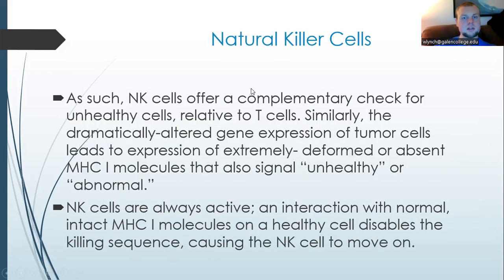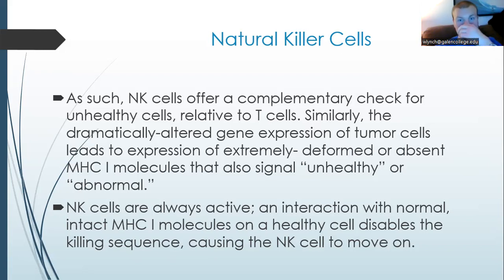So natural killer cells offer a complementary check for our unhealthy cells, right? If the T cells don't have an MHC complex to identify and resolve, such as in the case with our viral infection, then they will not be activated. But the natural killer cells are able to come along and sort of fail-safe or proof that by seeing a cell that doesn't have an MHC complex at all and recognizing that that is abnormal and that should not be the case.